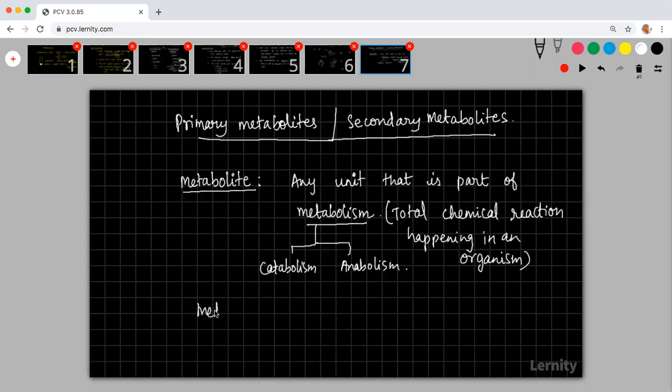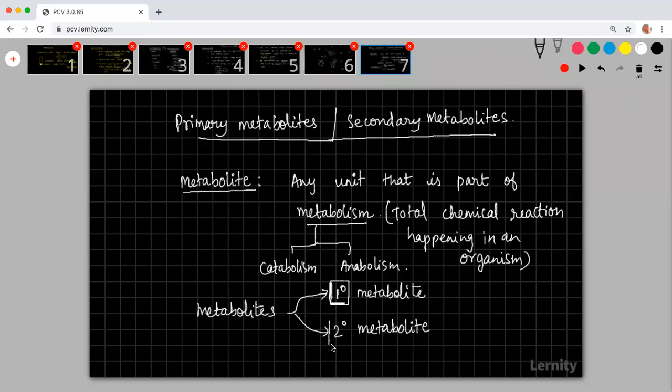So metabolites can be considered as primary metabolite or as secondary metabolite. The word primary here indicates, when I'm using the symbol 1 degree, it means it is primary.